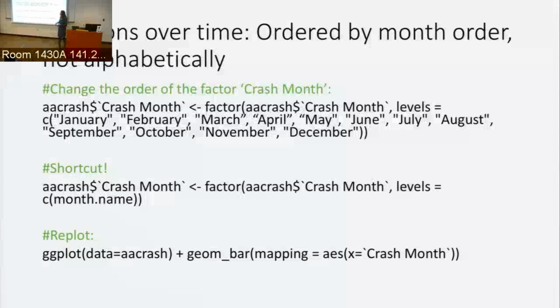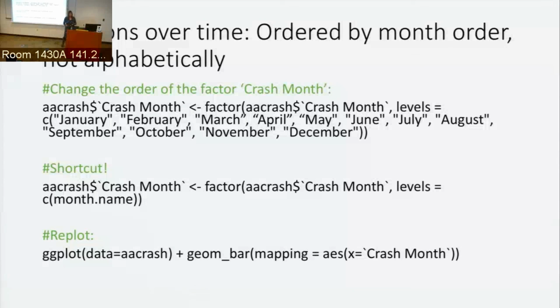You can scroll up to where your previous one is. And here we're not changing anything, right? We've already reformatted crash month to be in order, so you're using the exact same formula as before.